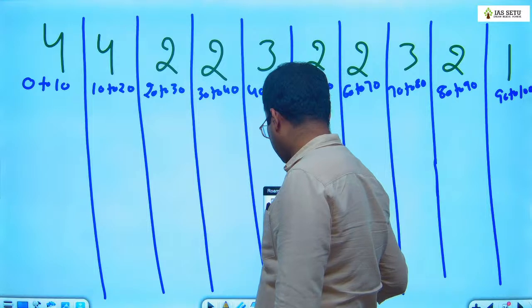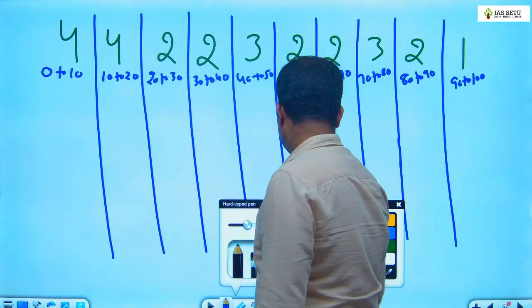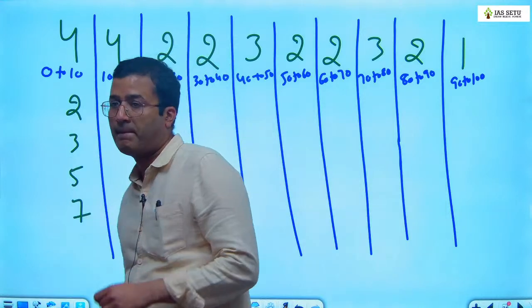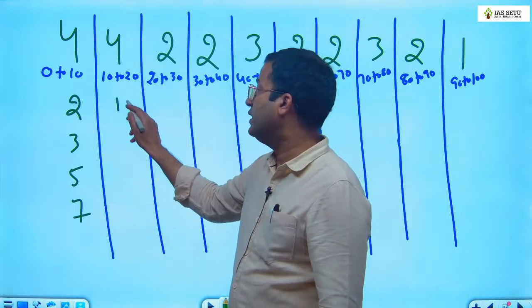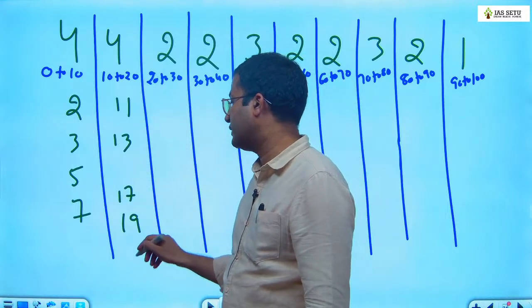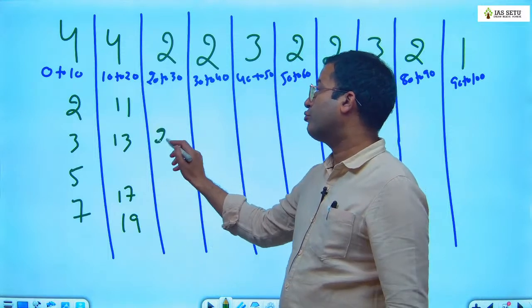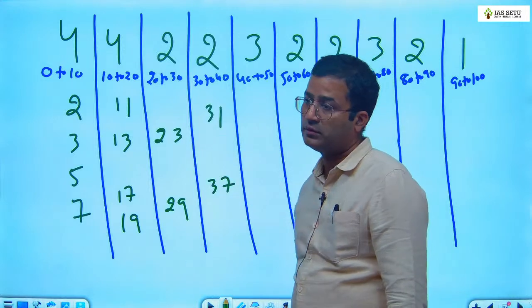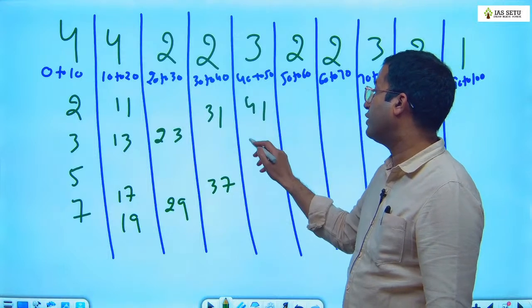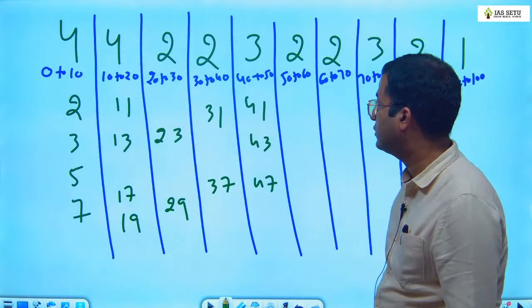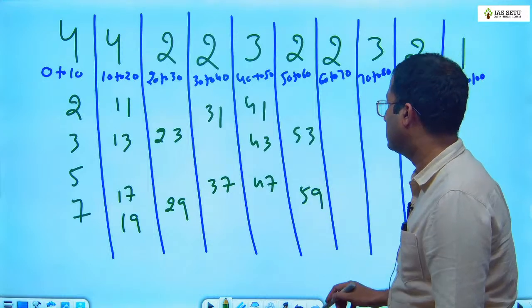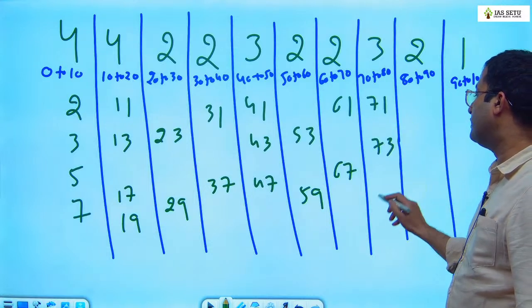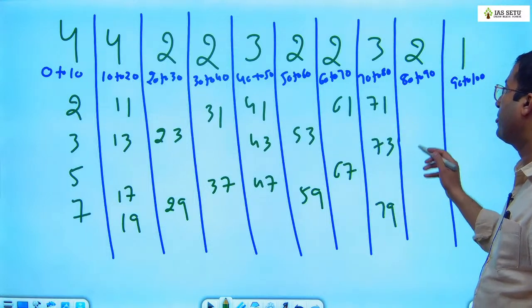Now I am giving a table of prime numbers: 2, 3, 5, 7, 11, 13, 17, 19, 23, 29, 31, 37, 41, 43, 47, 53, 59, 61, 67, 71, 73, 79, 83, 89.